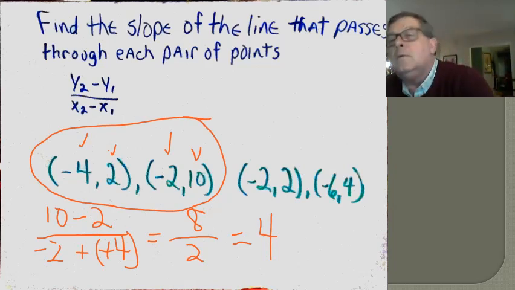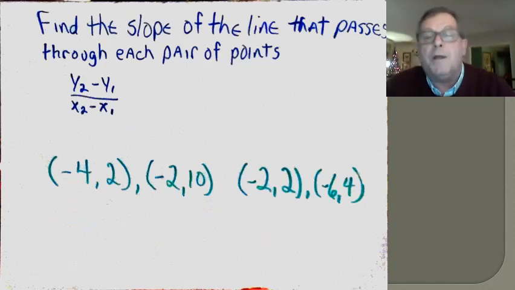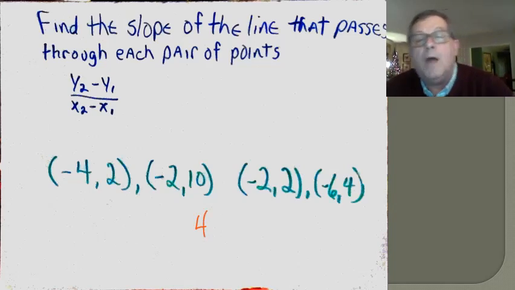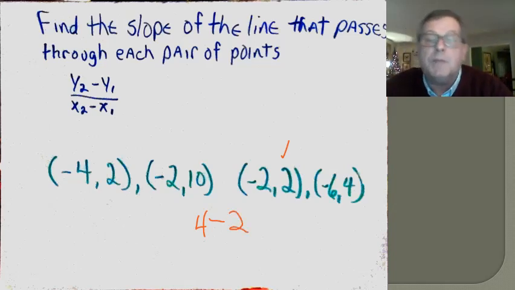Wonderful. All right, last one here. Well, I'm going to do y2 minus y1. What's my y2? Anybody? My y2 is 4. How about my y1? Well, my y1 is right there, and it's -2. So well, it's plus 2, but it's y2 minus y1.